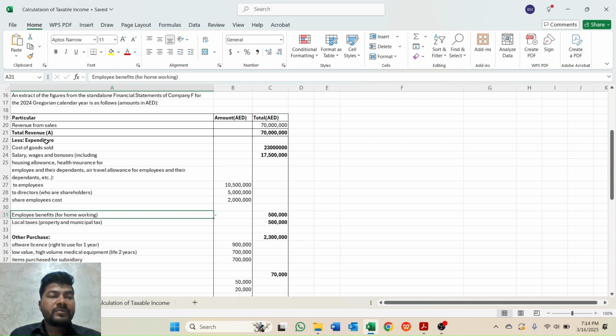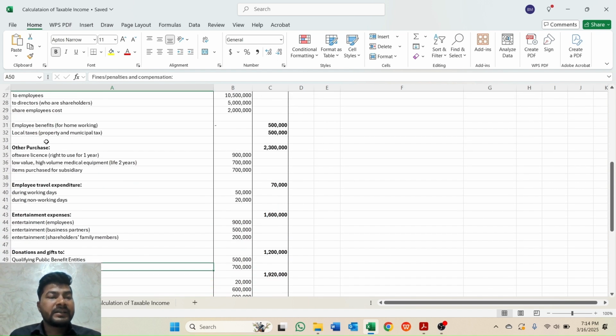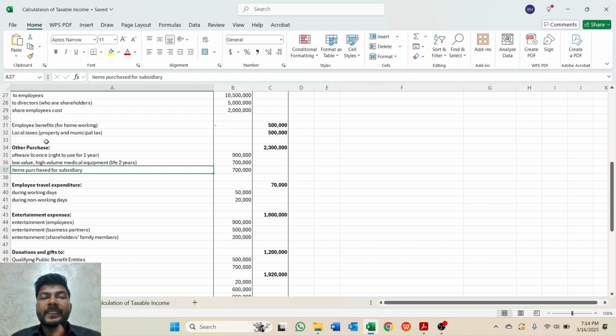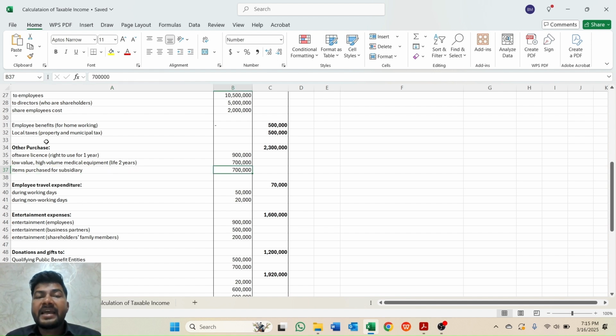Now, employee benefit expenses, working from home, and local tax and property 500,000, and other purchases are software license and right to use for 1 year 900,000, low volume high volume medical equipment 700,000, and items purchased for subsidiary. Look here, it is for the subsidiary, Company Q. So Company F has paid for the purchase for the subsidiary, which is 700,000, and there is nothing mentioned about reimbursement.